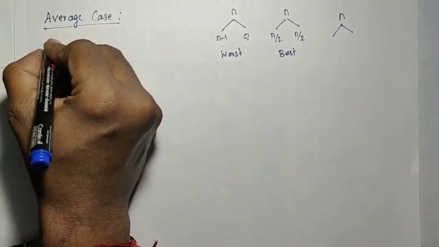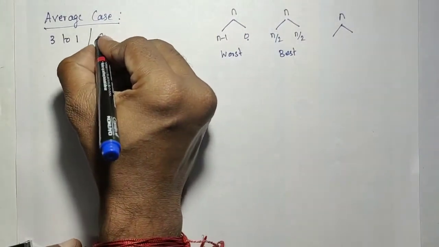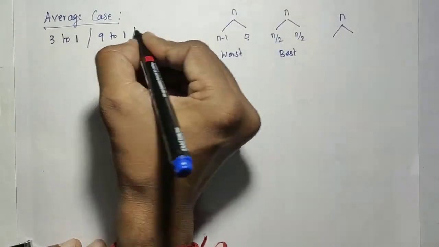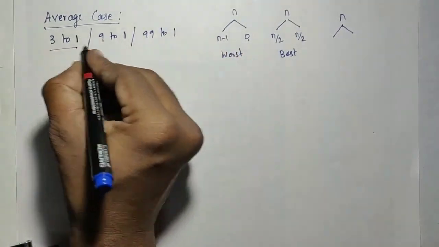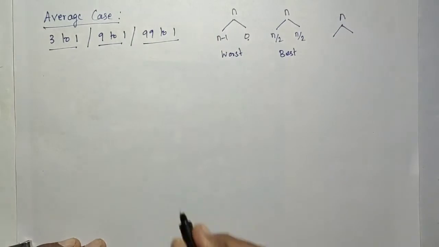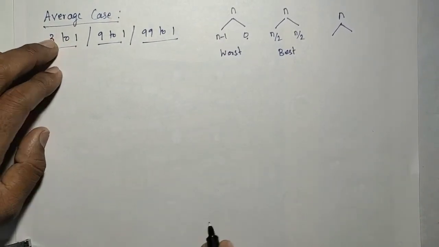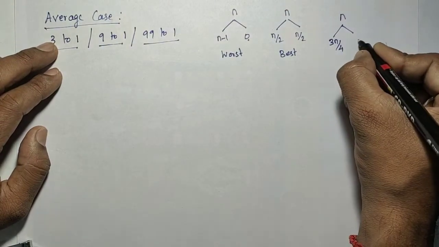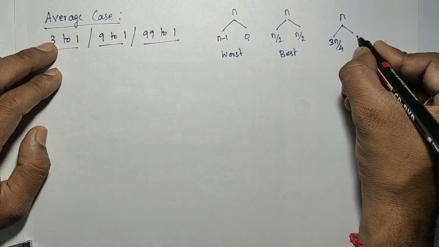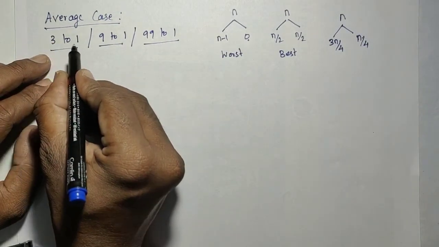Input is divided in a 3 to 1 ratio, or 9 to 1 ratio, or 99 to 1 ratio. 3 to 1 means one sub problem has size 3n by 4, and another sub problem is n by 4.